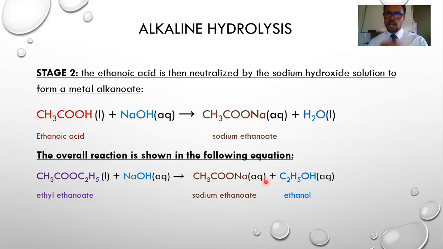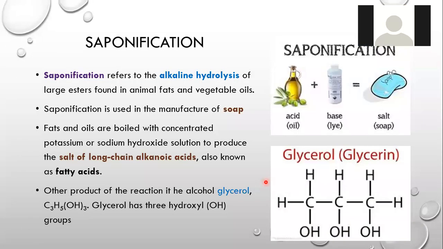Whereas in acid hydrolysis, you have an acid being formed, which is an alkanoic acid, and ethanol. So the two hydrolyses are different based on the products made at the end of the reaction. All right, so let's look at saponification.